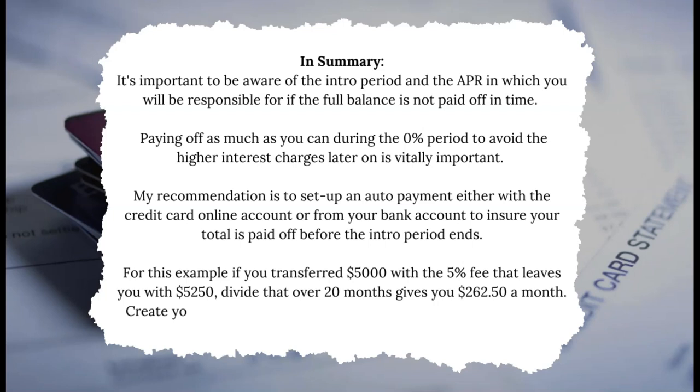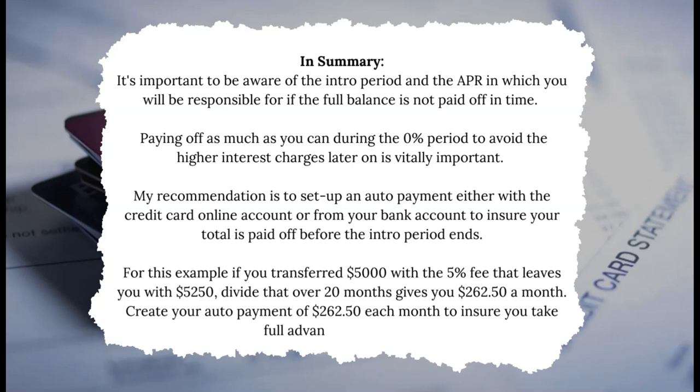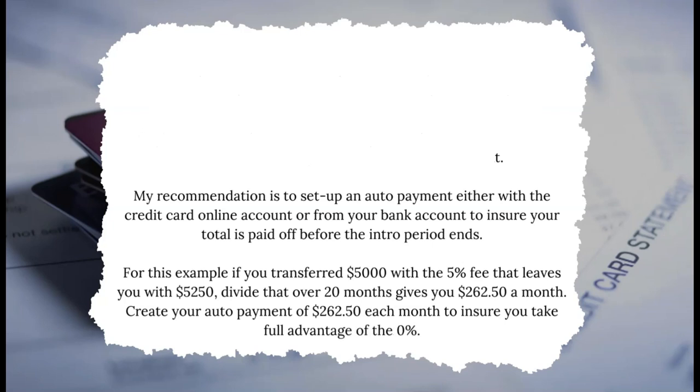That gives you $262.50 a month. So this is what we're gonna create your automatic payment for each month, either on your online account with your credit card company or on your bank account. We're going to schedule a payment of $262.50 each month to go out automatically without us thinking about it to ensure that we take full advantage of that 0%.